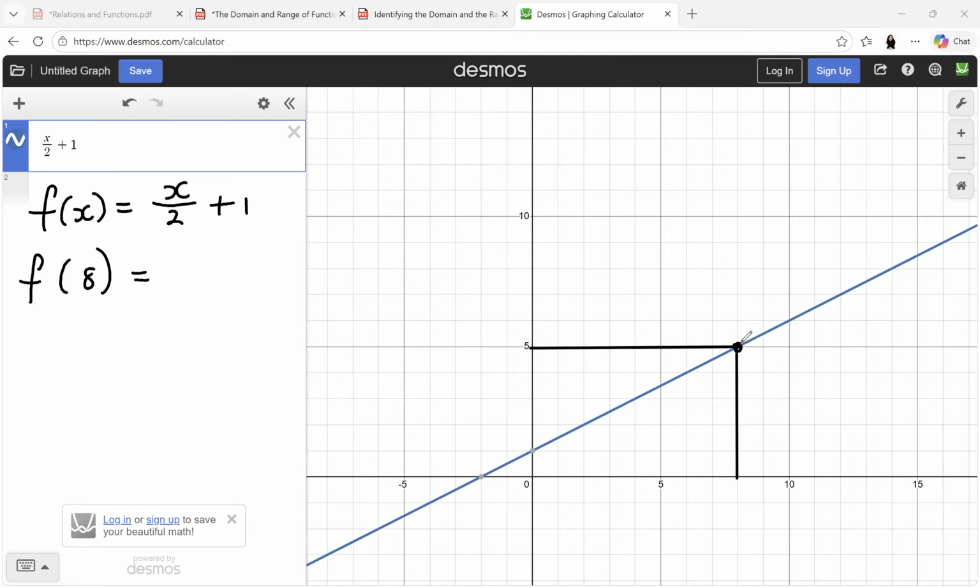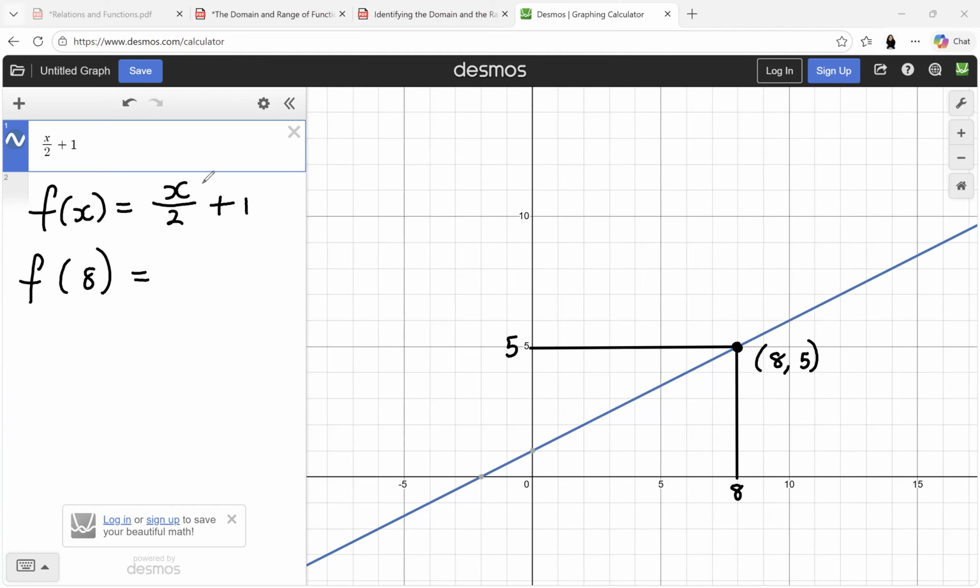It would be 8 and 5. 8, 5, right? So f of 8 is equal to 5.